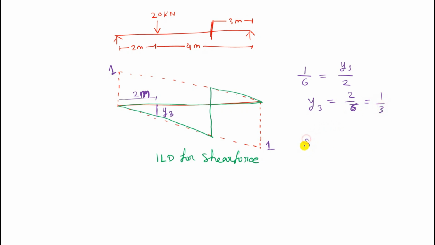So shear force will be W into y3, that is 20 multiplied by 1/3, that is 6.67 kilonewton. Okay. So this is the answer.